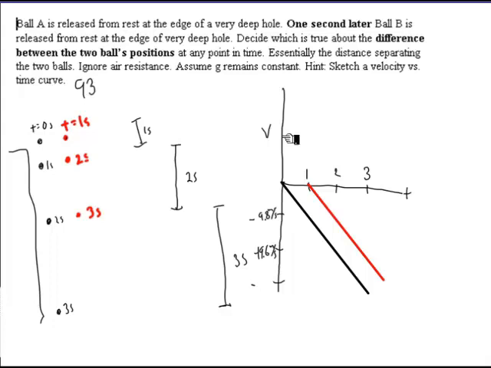Now, without a grid here, it's going to be a little bit hard to explain, so I'm not sure how far I'll go into that. But basically what you can do is shade in the area under the curve, which represents the displacement. So let's look at how big the triangle is for the first second for the black ball.